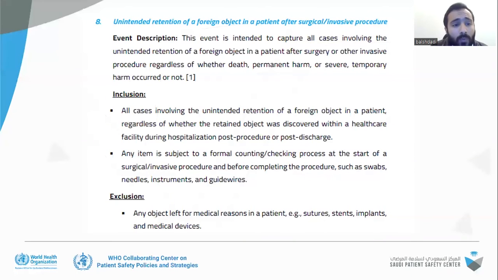One important exclusion criterion is any object left for a medical reason in a patient. For example, sometimes sutures are left for a medical reason, or sometimes it's a stent or cardiac device implant. Those are not an unintended retention of a foreign object. It should match the event description and inclusion.